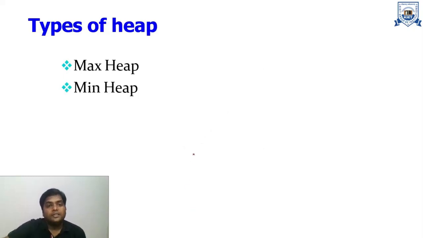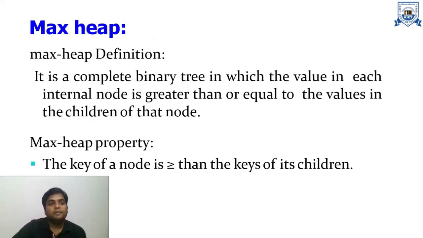The next topic is types of heap. As I told you, heap is basically of two types, maximum heap and minimum heap. A maximum heap is a complete binary tree in which the value of each internal node is greater than or equal to the value of the children of that node.